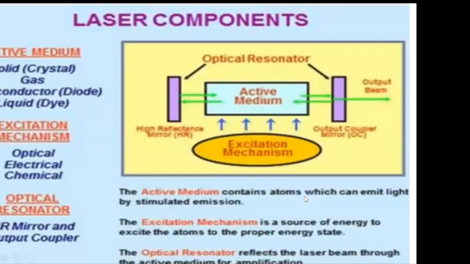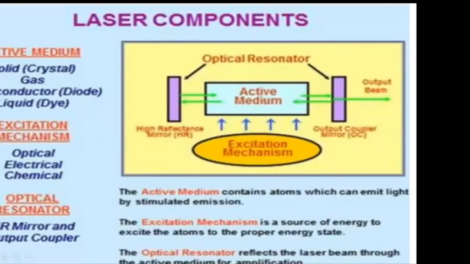Okay, and as we know that we comprehend better with pictures, so there'll be a lot of pictures. It's just to emphasize what we've already spoken about, that we'll have a lasing medium, which is this. We said it could be made up of a solid, gas, or a liquid.